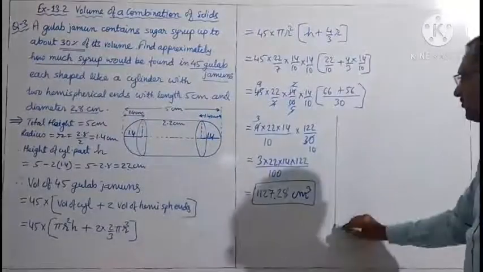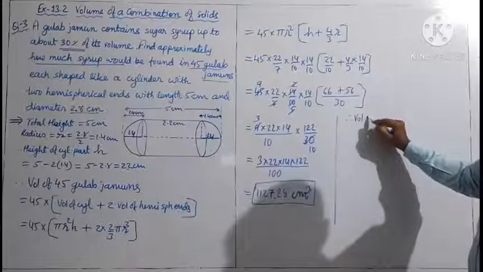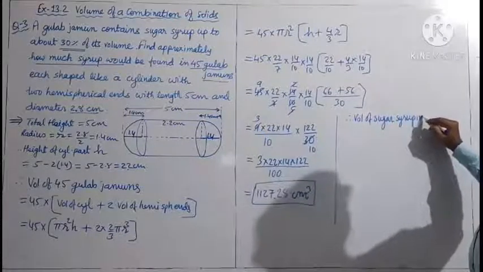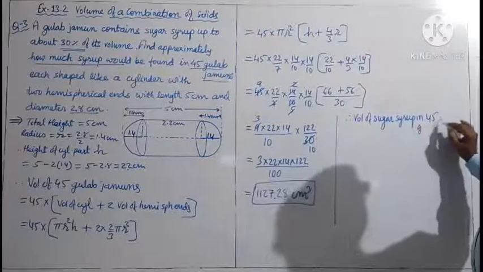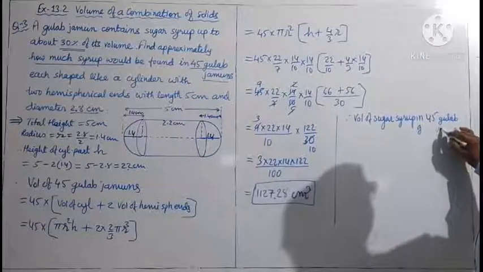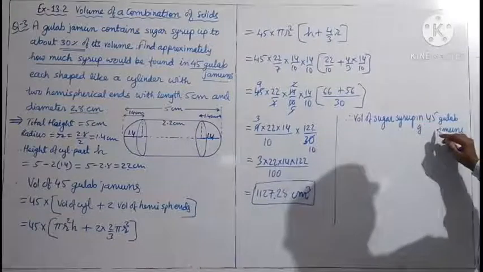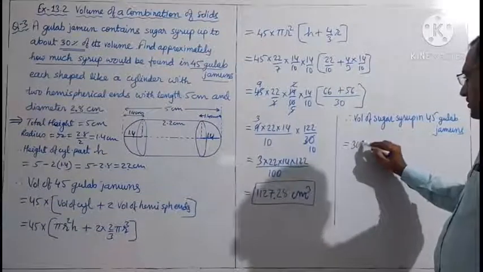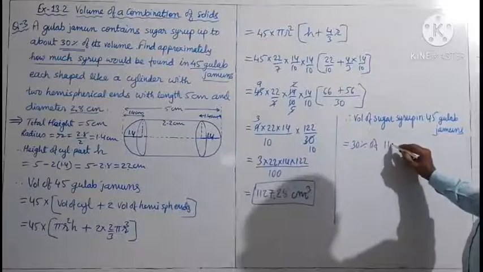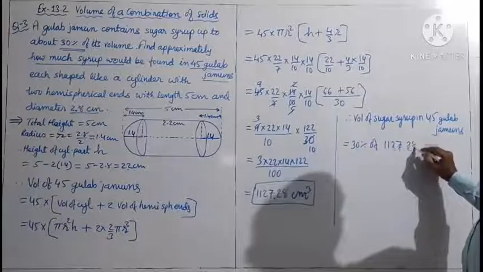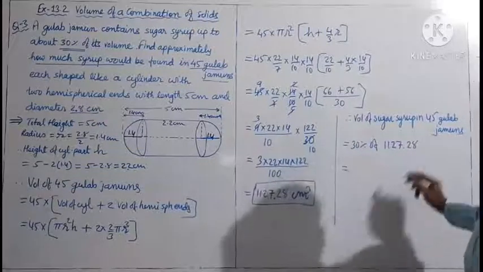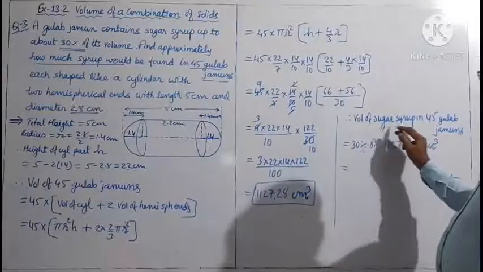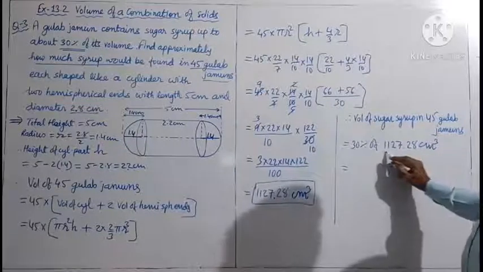So finally, the volume of sugar syrup in 45 gulab jamuns is equal to 30% of 1127.28 centimeter cube, that is 30% of the total volume of 45 gulab jamuns.